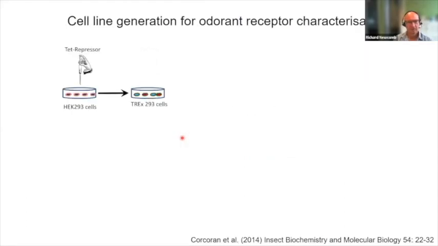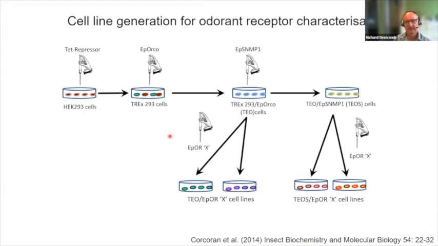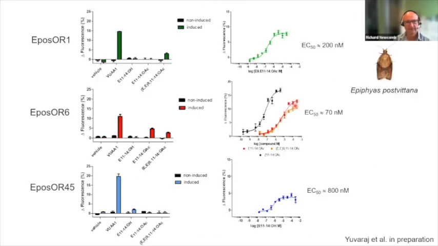So we've also developed a cell line system where we can put these receptors into cell lines, overexpress them with the orco, and also other possible members of the signal transduction system. And then, because these receptors are calcium channels, we can then add calcium sensitive dyes and then detect influxes of calcium on the addition of the correct smell or volatile.